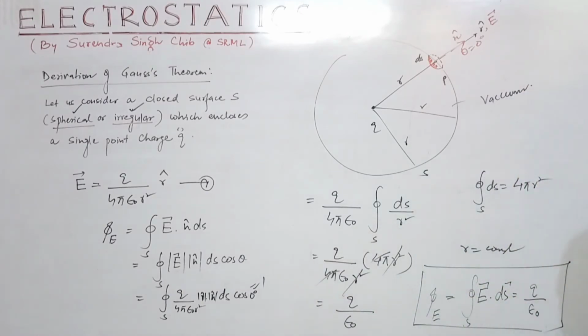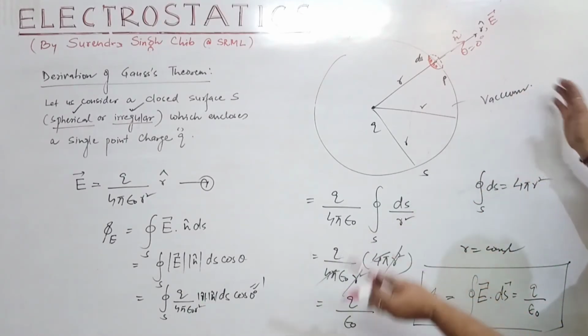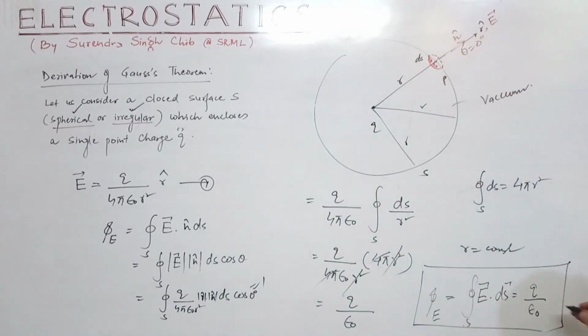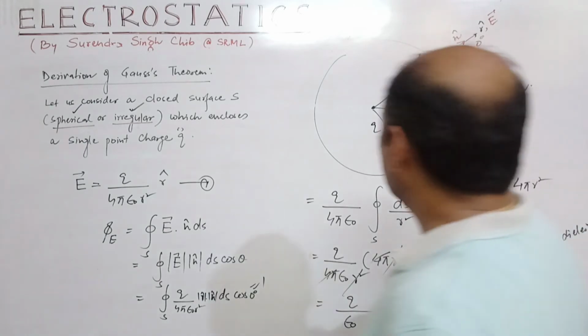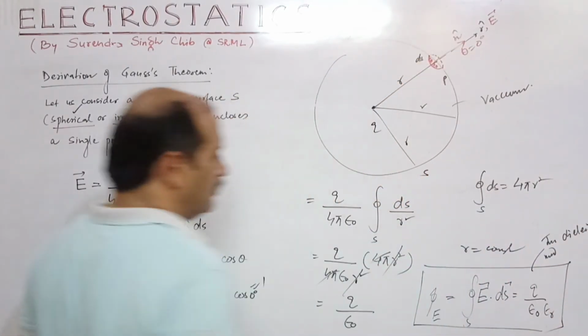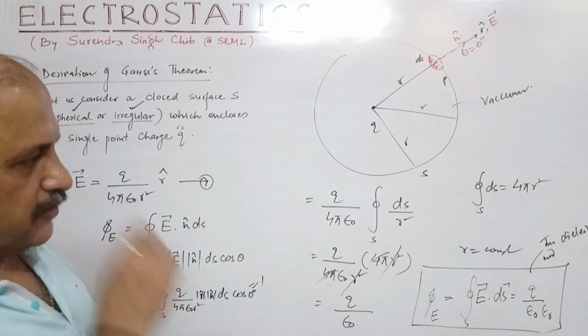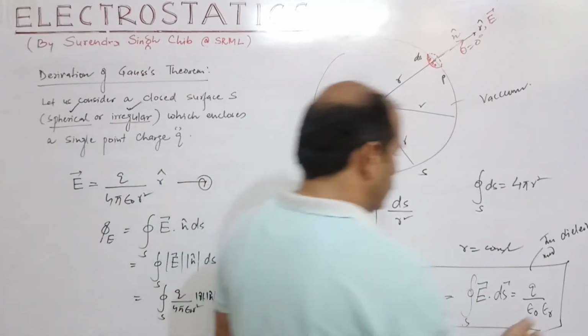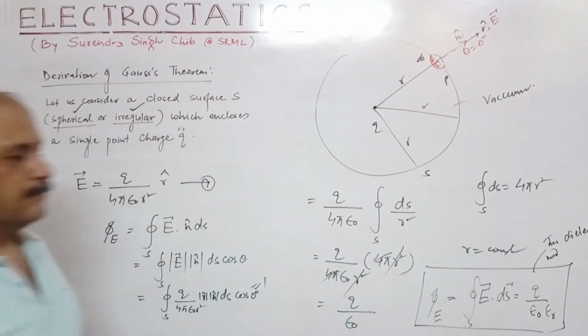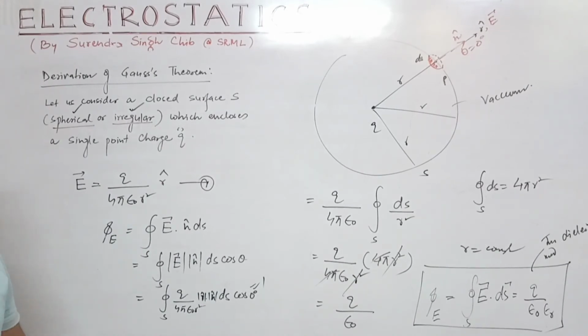If there is a medium, if vacuum is replaced by some medium, epsilon r, then you have to multiply by epsilon r here. This is in a dielectric medium. In vacuum it will not be this; it will be only epsilon naught, and in a dielectric medium epsilon r is also multiplied. This is the way to derive Gauss's theorem.